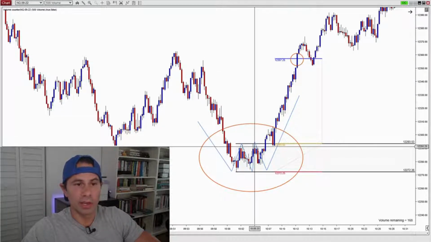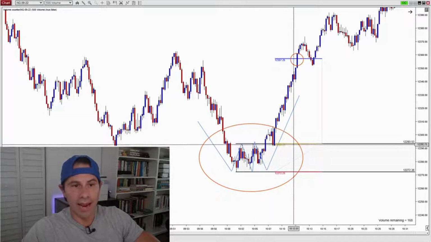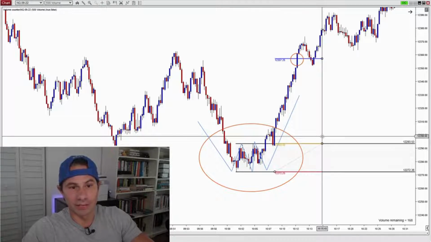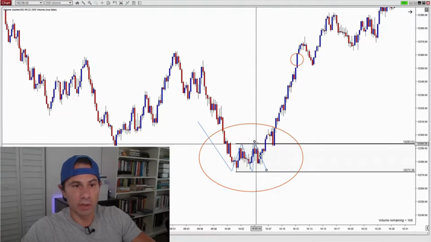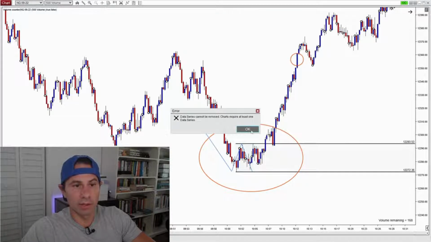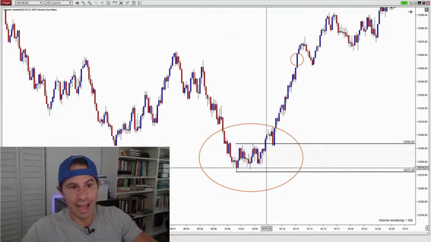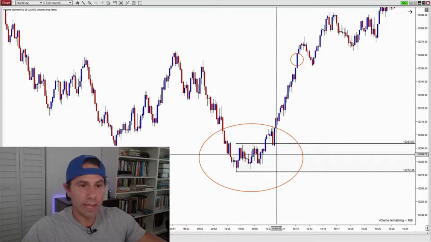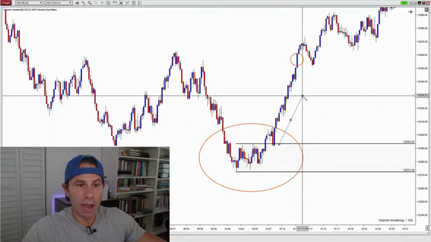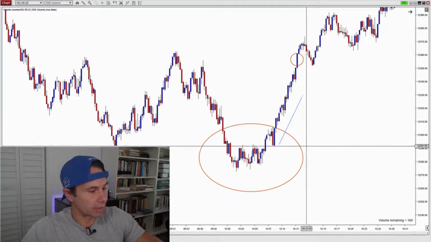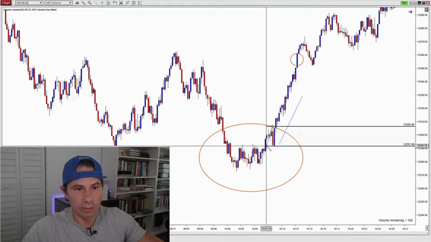Or you can say, all right, I'm going to wait for this thing to confirm that actually the W pattern is effective, right? I don't want to just jump in right here because the trend for the day is actually down. So I want to wait for this thing to hold here, and then I would enter this trade breaking out right here, right?